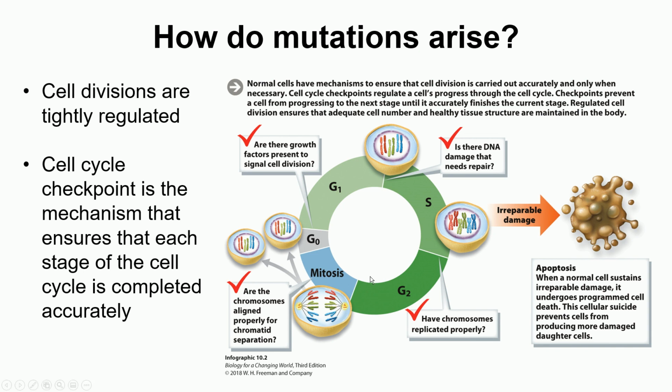So when the cells are transitioning from G1 to S phase, there are some tumor suppressor proteins here, which are going to check if there is any damage to the DNA. If at this point the DNA is damaged, that DNA should not be duplicated, because in the S phase the DNA has to be duplicated.